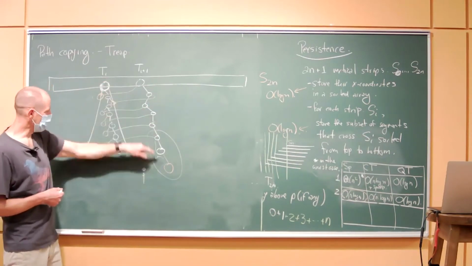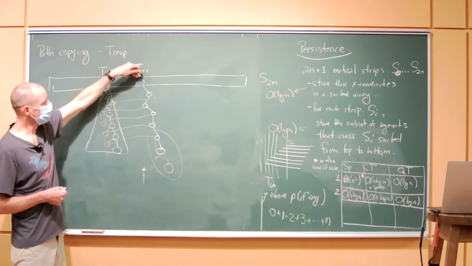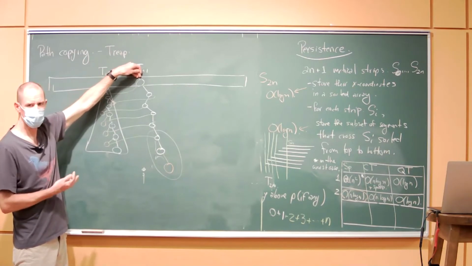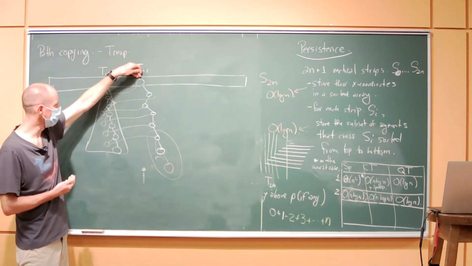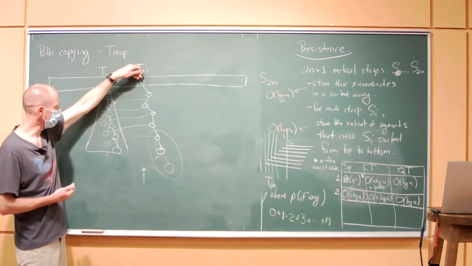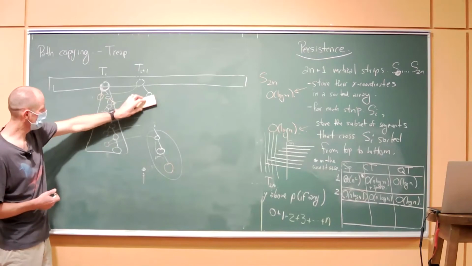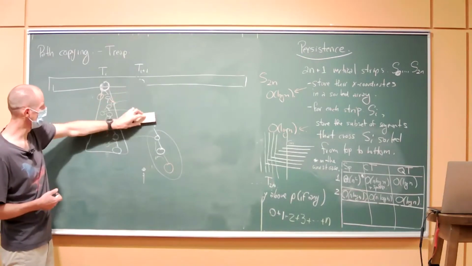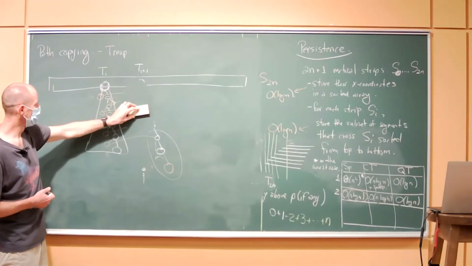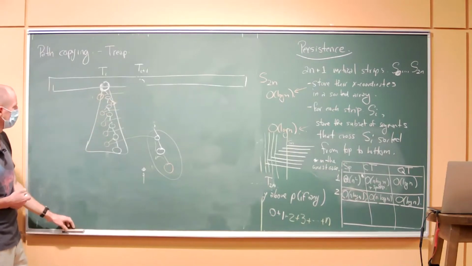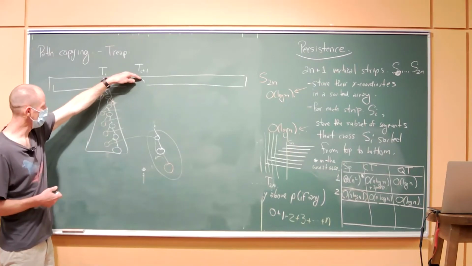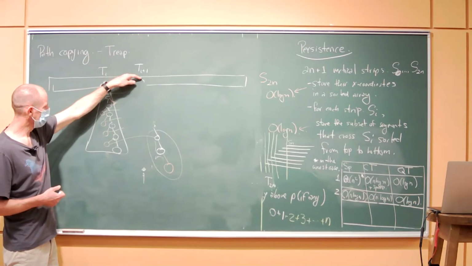When I copied the whole path, I got the second one for free because the new root works for that. But if I were only to copy the last few nodes along this path, then how do I search in T_{i+1}?